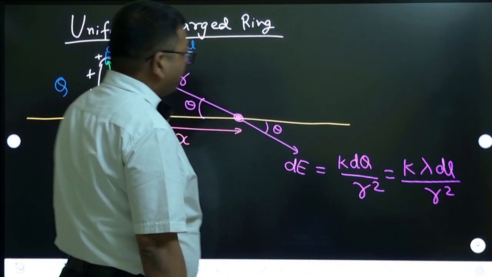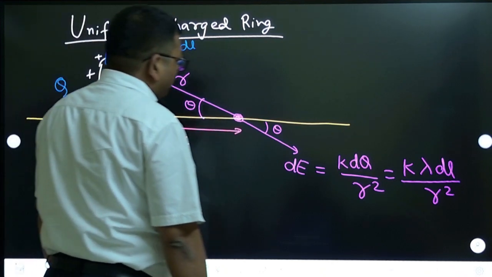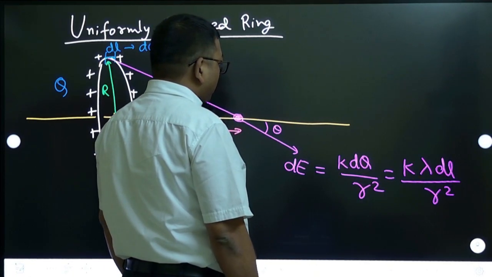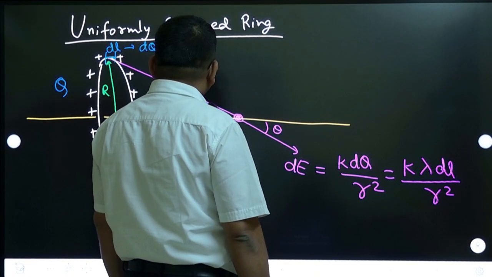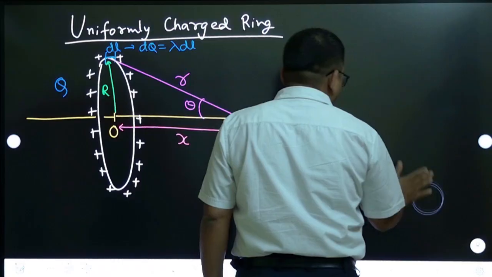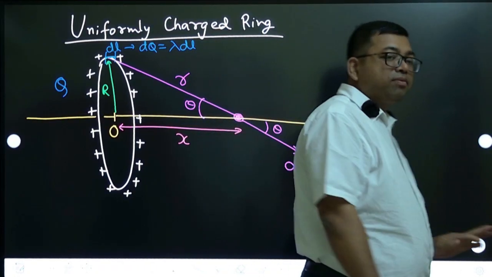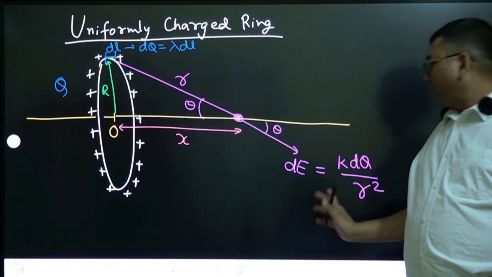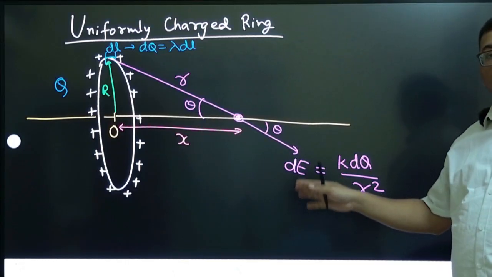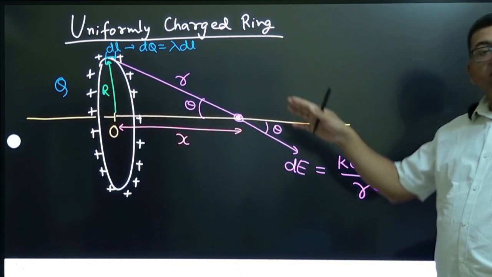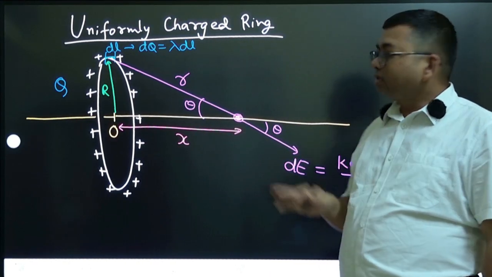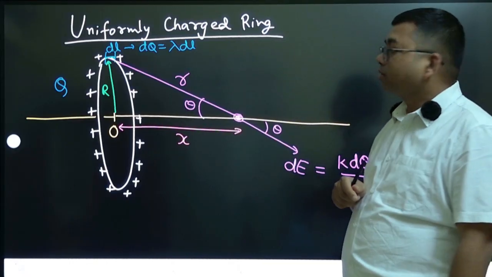Okay, then what else? We have to integrate it. I think you don't even have to do all this because you can clearly see that k is anyway constant, this dq is a small element, and r is also constant because this point is at the same distance from each element on the ring. So small r is also constant.